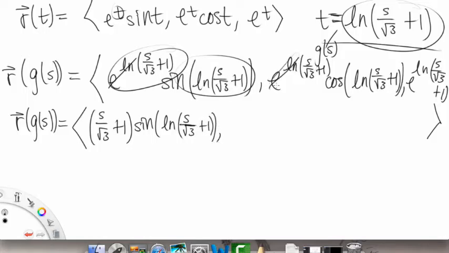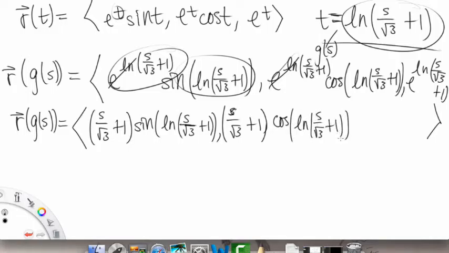Okay, these ones cancel, so we just get our s over radical 3, that's an s, not a 5, plus 1, and then times the cosine, which we can't really do anything about, so that's just ln s over radical 3 plus 1. And our last component also can cancel out the e and the ln, so we just have an s over radical 3 plus 1. Okay? And there's our big arrow bracket there.